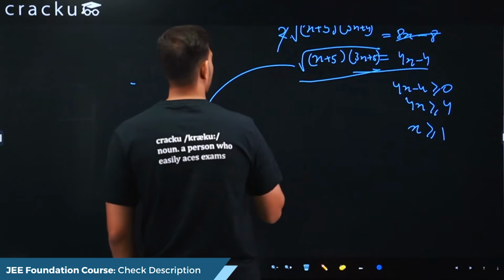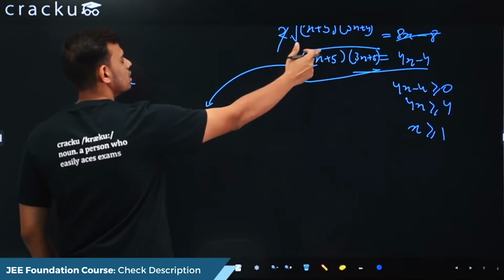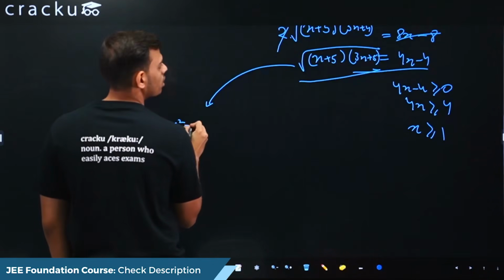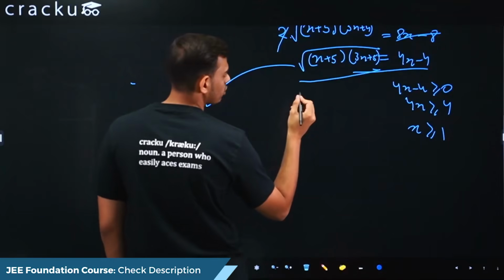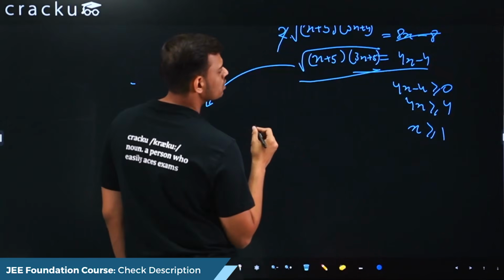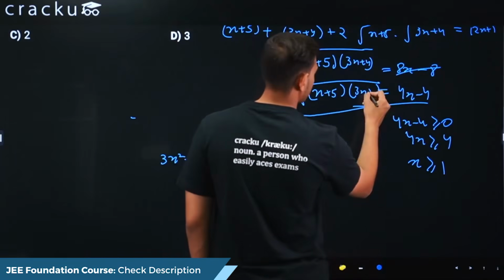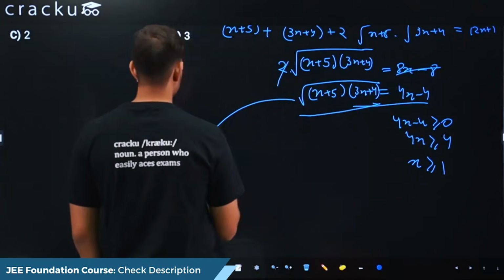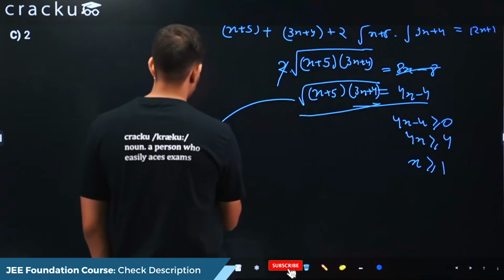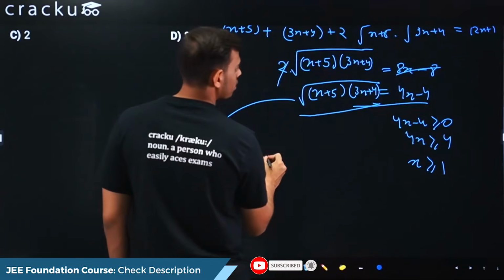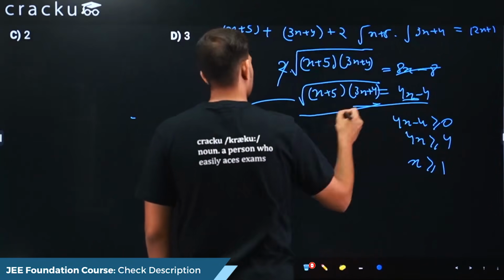I'll again square on both sides. I will get here, the root will cancel out. I'll get 3x square plus 15x plus 4x, this is 4, my mistake. So this is 15x plus 4x, 19x plus 20 equals the square of this, 4x minus 4.